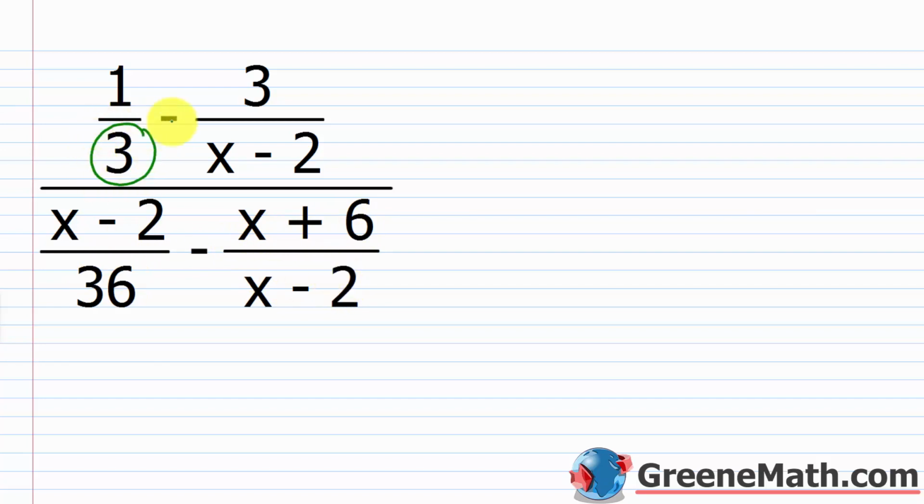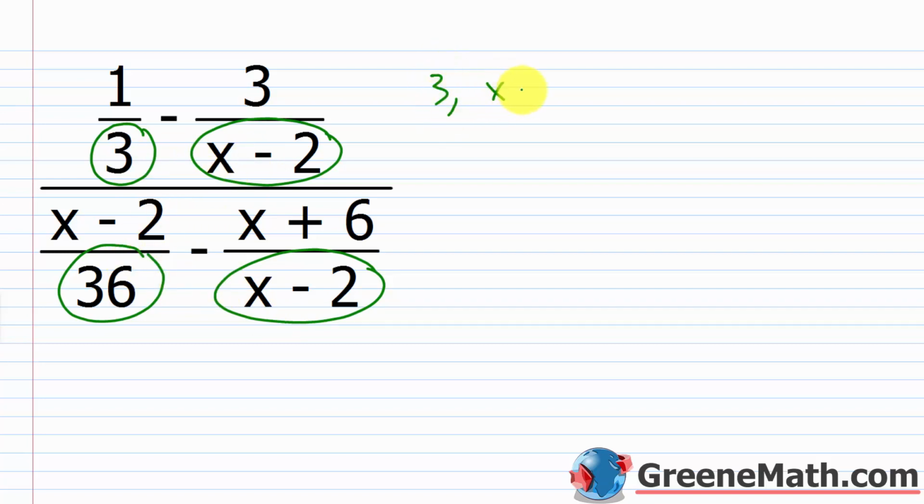So I've got a 3 and x minus 2, a 36, and an x minus 2. So what would be the LCD here? Again, it's the LCM of these individual polynomials. So if you looked at 3, x minus 2, 36, and x minus 2 again. So I know that 36 divided by 3 is 12. So essentially it would just be what? It would be 36 times x minus 2.